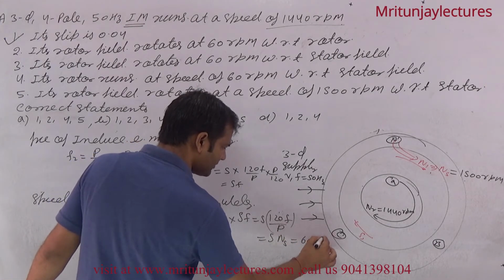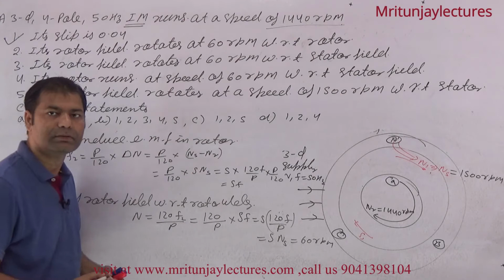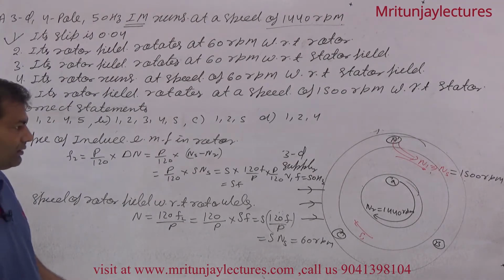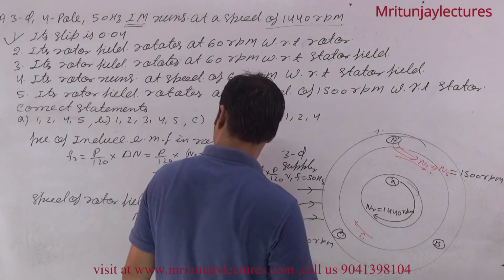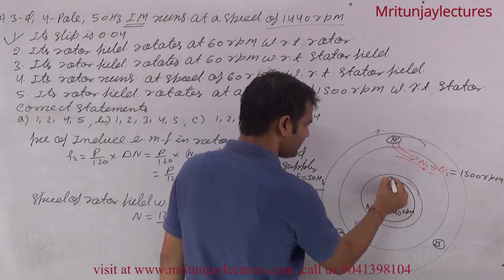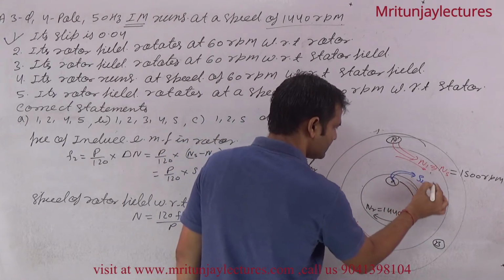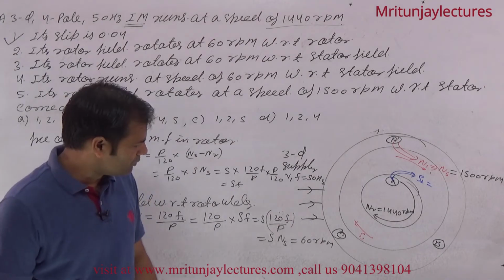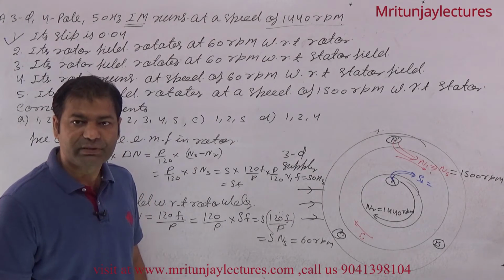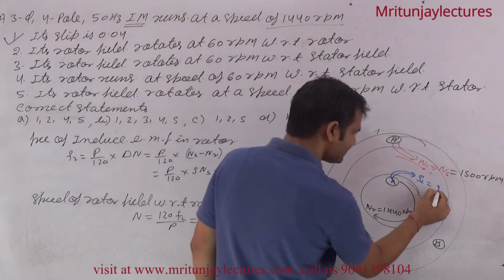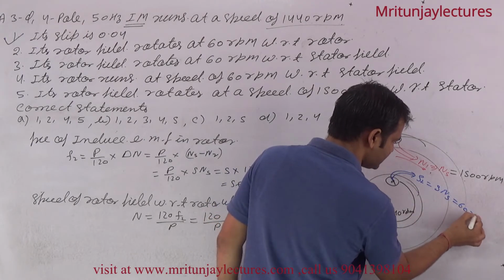It means 60 rpm. Clear? Now make here S2, the speed of the rotor magnetic field with respect to the rotor winding, that is S Ns. Of course, that is 60 rpm. Clear?